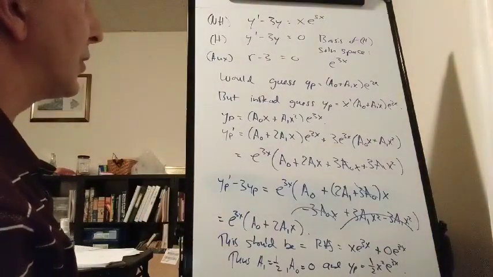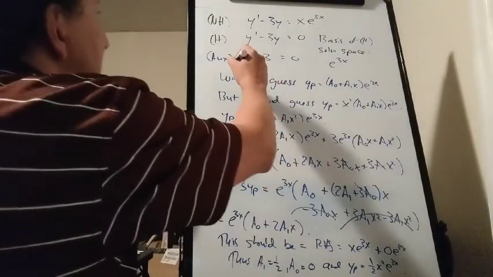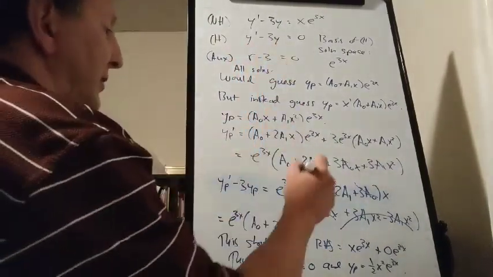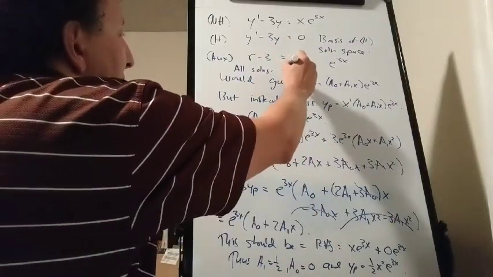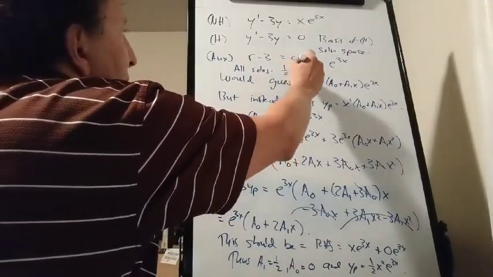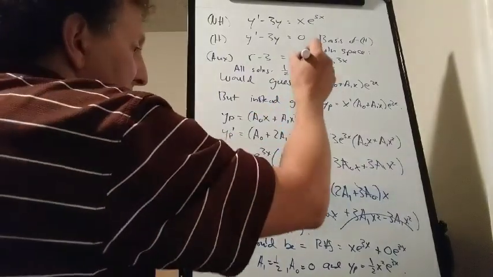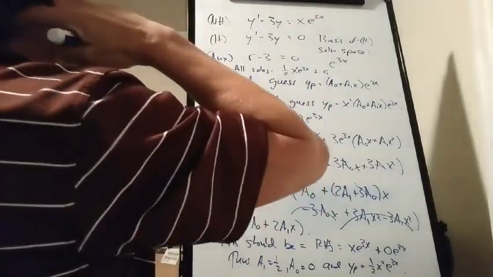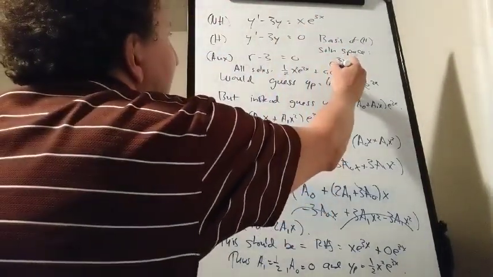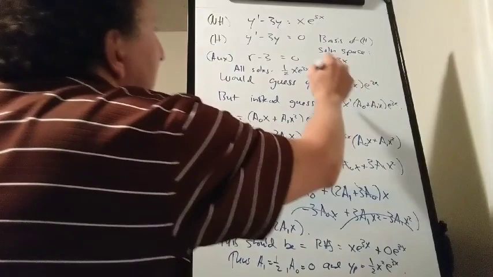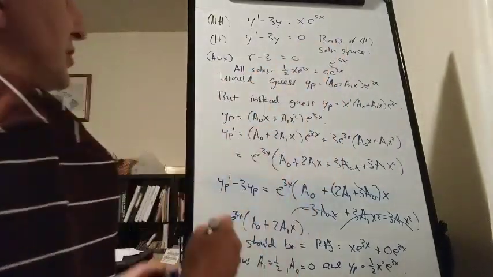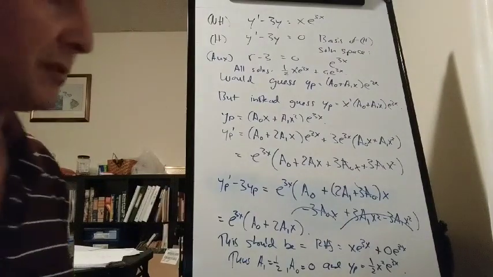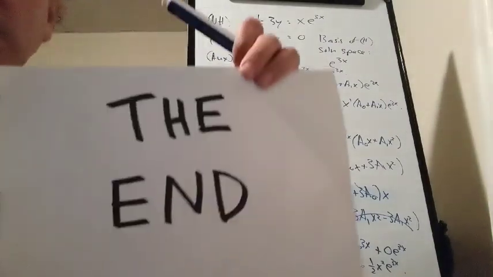Then all solutions, of course, are going to be this particular solution, 1/2 x squared e to the 3x, plus any multiple of e to the 3x, because that comes from the basis of the homogeneous solution space. All right, 5 examples is a lot for one video, so the end.